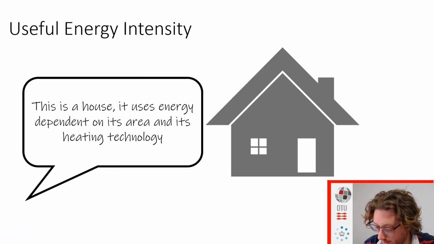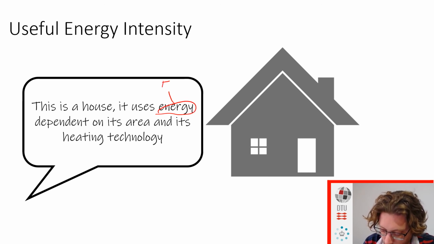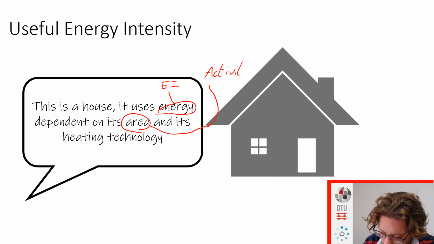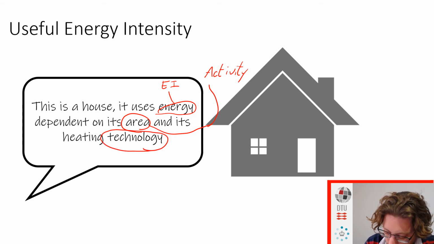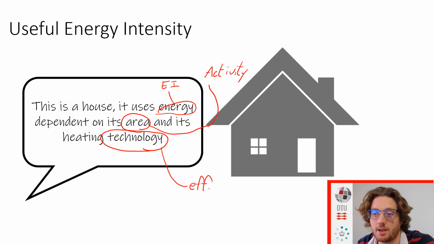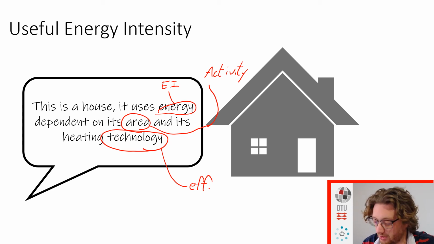And then for the useful energy intensity, we have the same situation, but then we both have the energy that it uses, again the energy intensity, the area, which is still the activity, and now we also have its technology, which defines the technology efficiency, which can be changed depending on which technology is used.